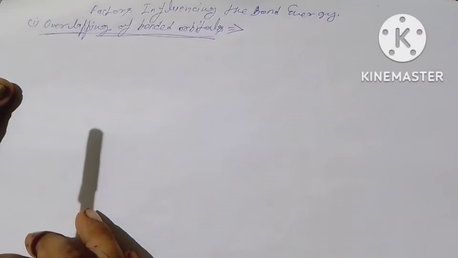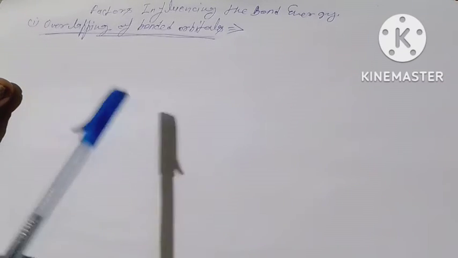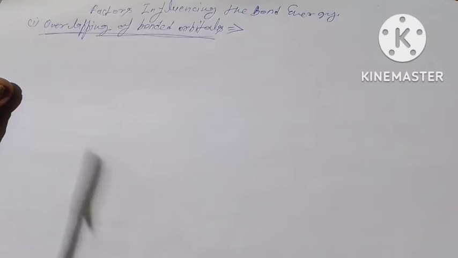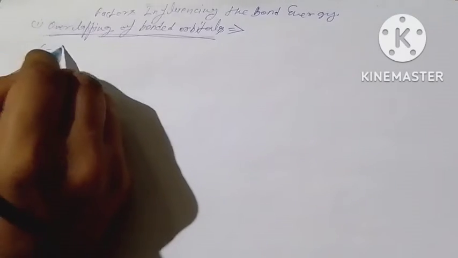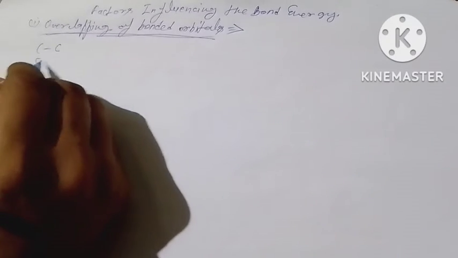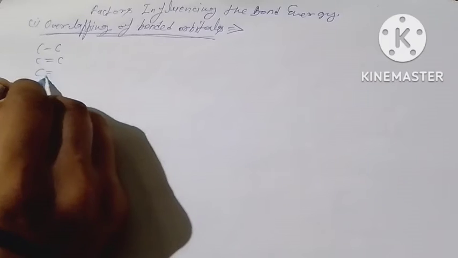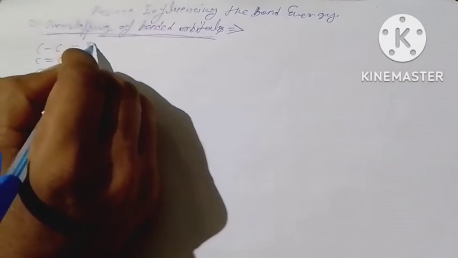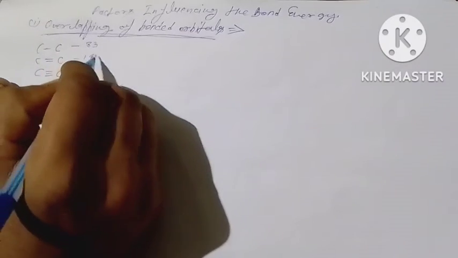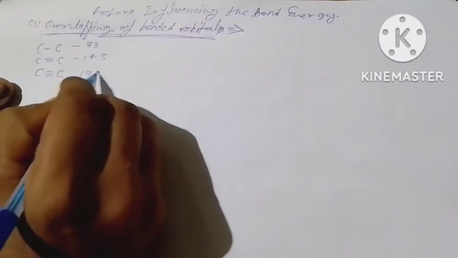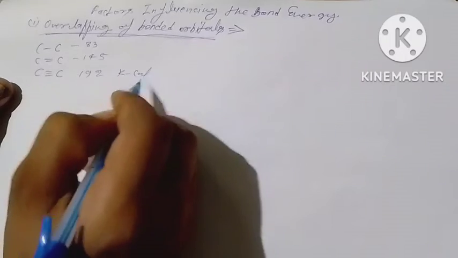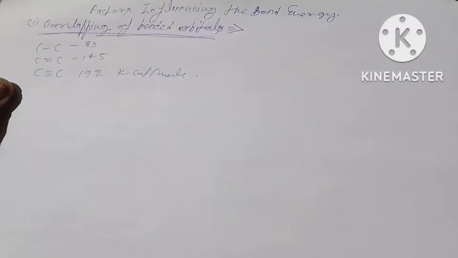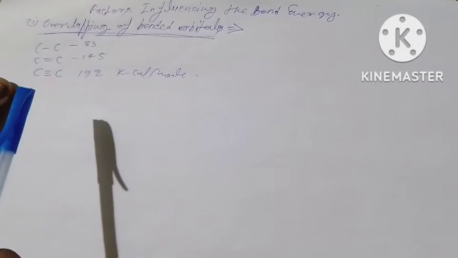Bond energy of carbon-carbon, carbon double bond carbon and carbon triple bond carbon is 83, 145 and 192 kilocalorie per mole respectively.